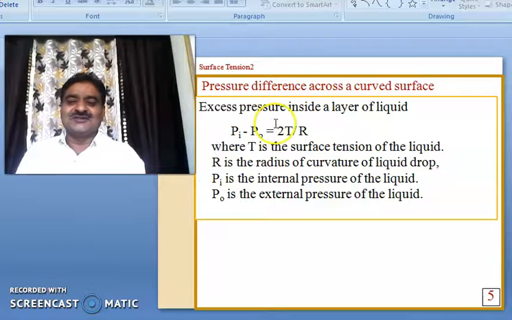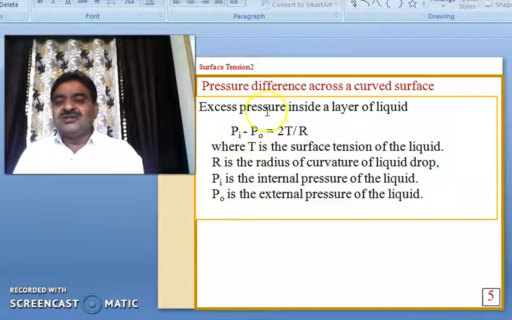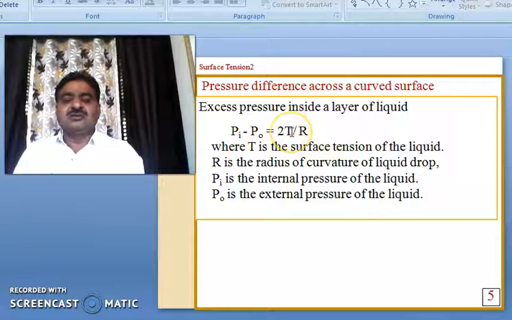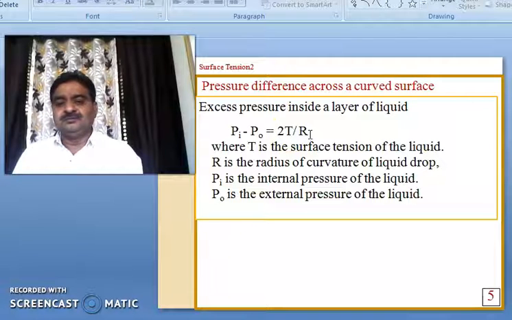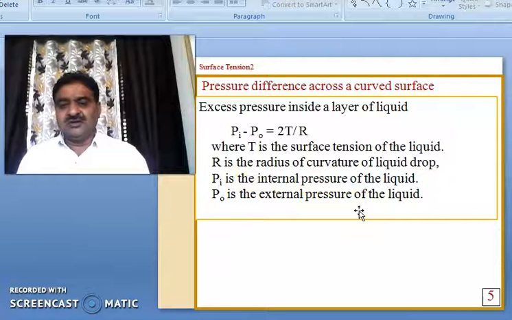It means, as we have seen in the last lecture, Pi is greater than PO. By how much is it greater? By 2 times surface tension divided by the radius of the sphere: Pi minus Po equals 2T by R. Where T is the surface tension of the liquid, capital R is the radius of curvature of the liquid drop, Pi is the internal pressure of the liquid, whereas Po is the external pressure of the liquid.